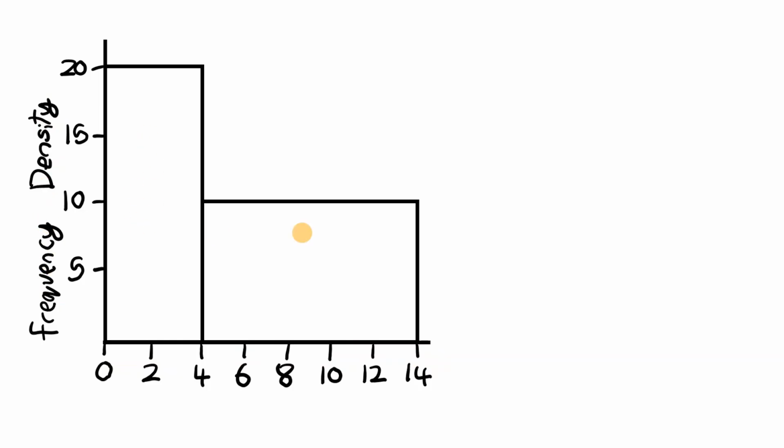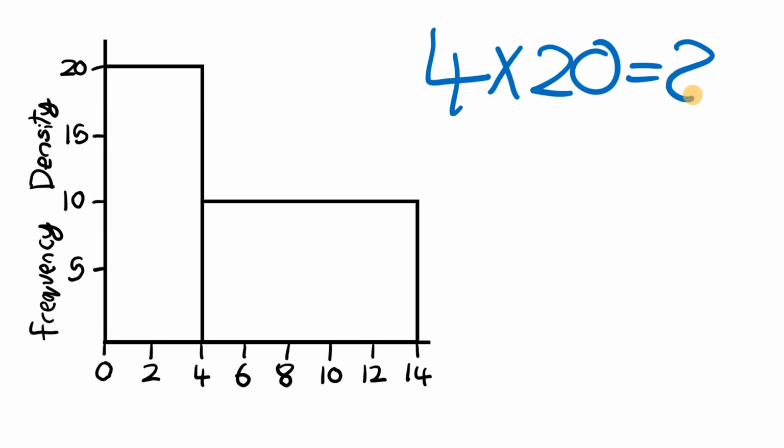So, let's find the frequency of these two bars here, so we need to find the areas of them. Let's start with this one here. It goes from 0 to 4, so the width of the bar will be 4, and this is multiplied by the height of the bar, which is 20, and 4 times 20 is 80. So this is the frequency of this bar here.